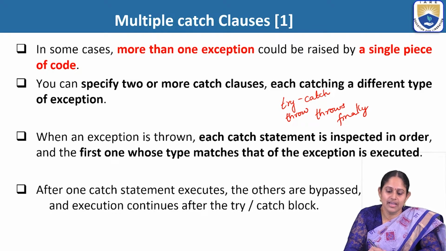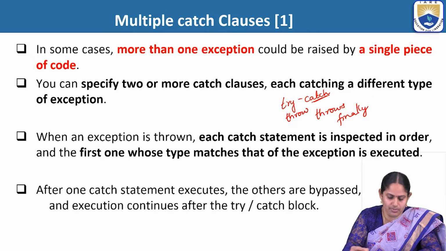We have seen about try catch, wherein any code which we want to monitor for errors or exceptions, we put inside the try block, and if any exception is thrown by those statements, that exception will be caught and handled inside the catch block.